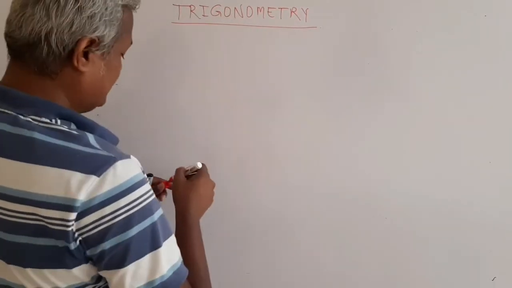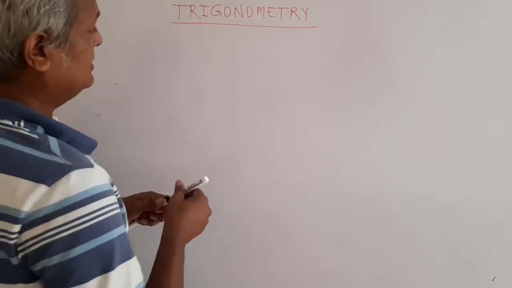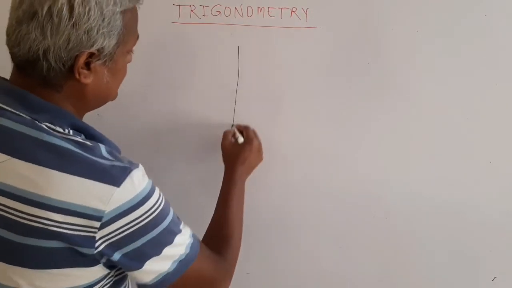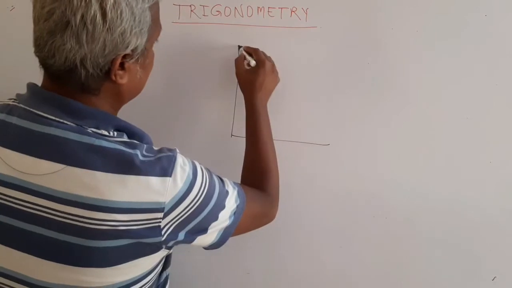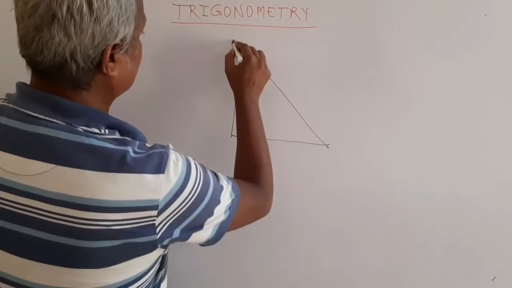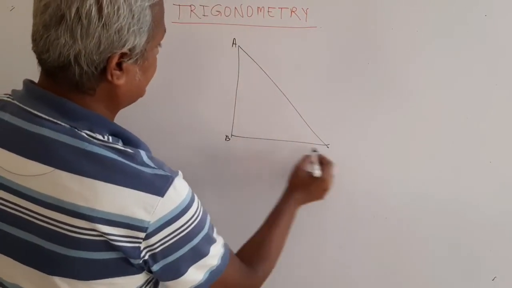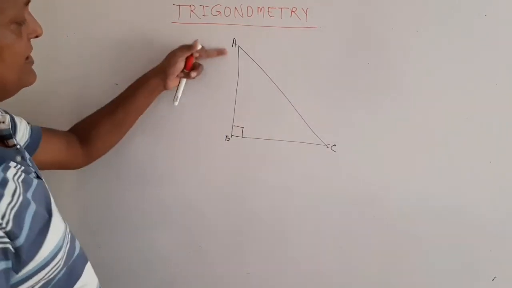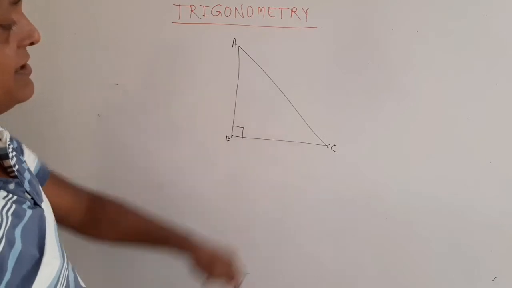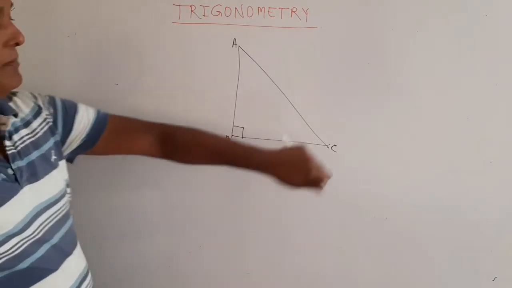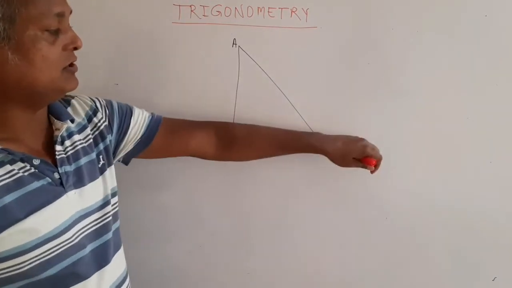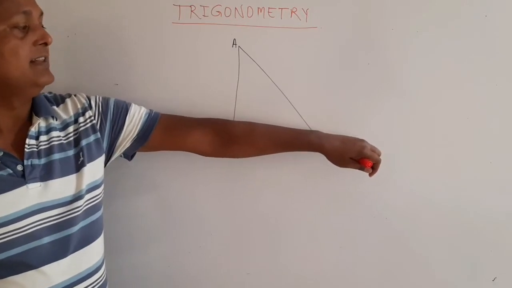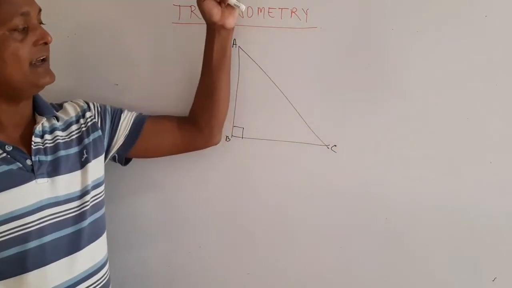For that, first I have to draw a triangle, a right angle triangle, of course. This is my right angle triangle, ABC, right angle at B. So AC is the hypotenuse, AB is the perpendicular, and BC is the base in the normal terminologies, because we assume that BC is horizontal, something related to the ground, therefore this is your base and this is your height.